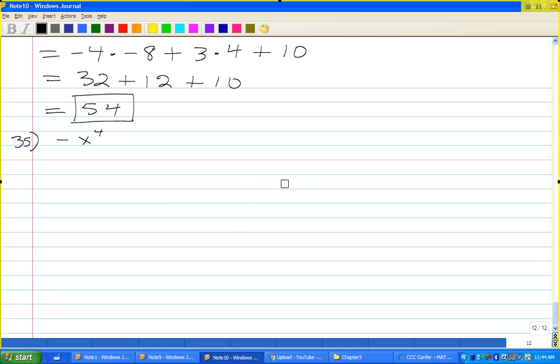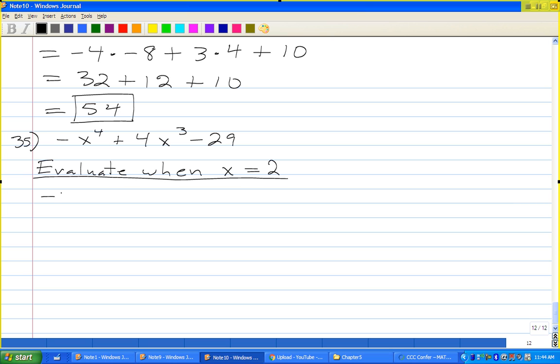Negative x to the 4 plus 4x to the 3 minus 29. So let's evaluate when x is equal to 2. So negative x to the 4 plus 4x to the 3 minus 29. x to the 4th is 16. x cubed is 8.